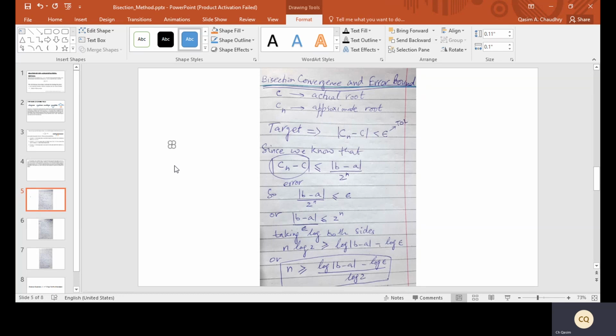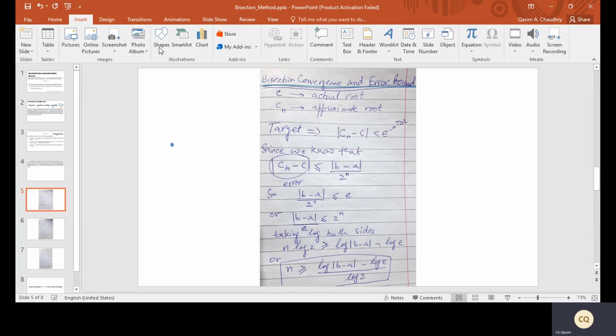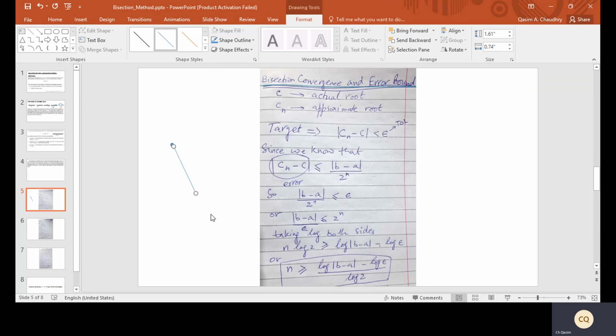Students, let's say this is your point, and now you are moving toward this point, as you can see on the screen. So it means I am converging.